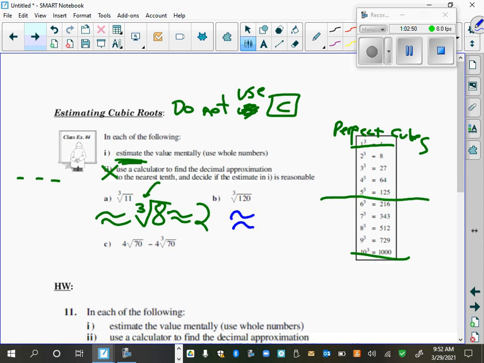Okay, so go ahead and do B. And then try C. A little trickier.